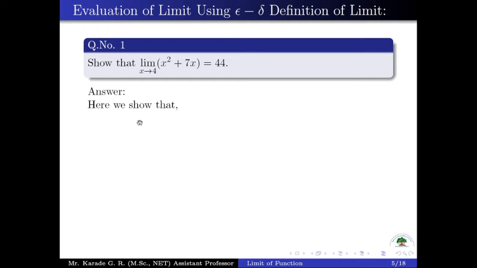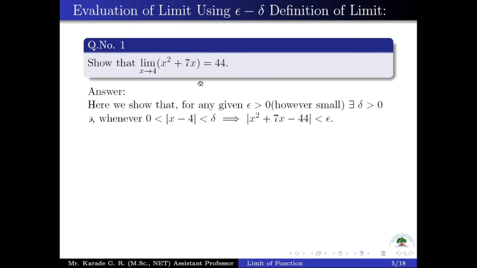By the definition, we have to show that for any given epsilon greater than 0, however small, there exists a delta greater than 0 such that whenever the distance between x and 4 is greater than 0 and less than delta, this must imply the distance between the function x square plus 7x and the number 44 is less than epsilon. Geometrically, the mod function represents the distance. That we have to show here.